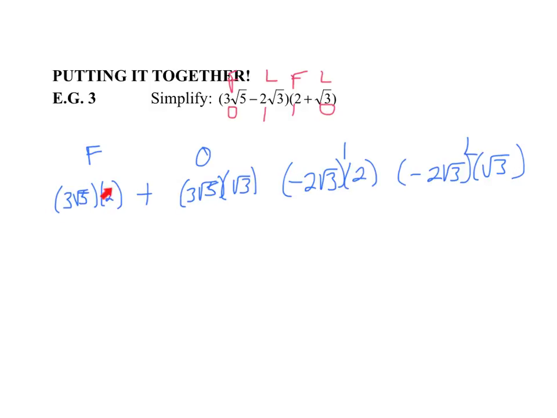Back here, I've got outside value times outside value is 6 square root of 5 plus, here I have 2 radicals. They're both square roots, so they can multiply. So I multiply the inside, since this is a coefficient of 1 here, it's not going to change the 3. So I'll have square root of 15.